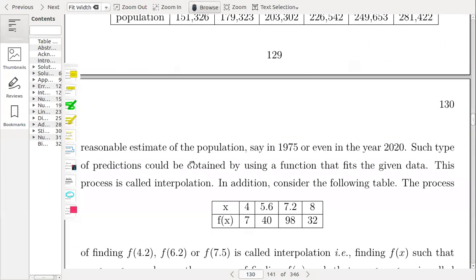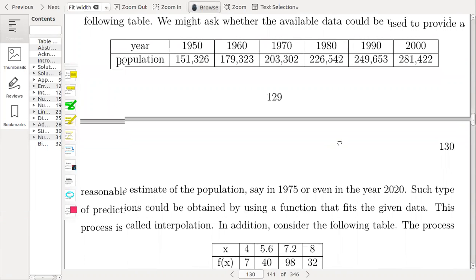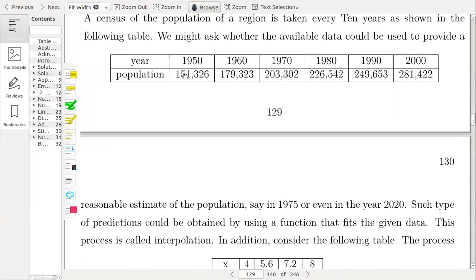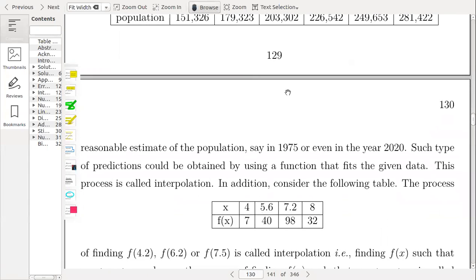Such types of predictions could be obtained by using a function that fits the given data. It means first we have to construct a function which manipulates the given data. For example, if we take the domain point 1950, the function should return the value 151,326.